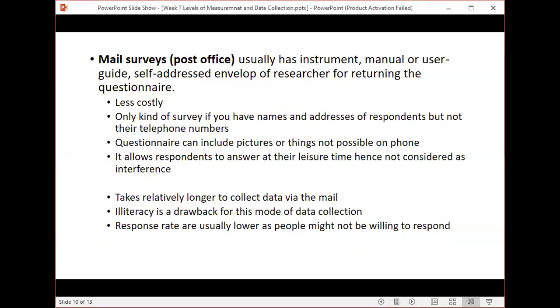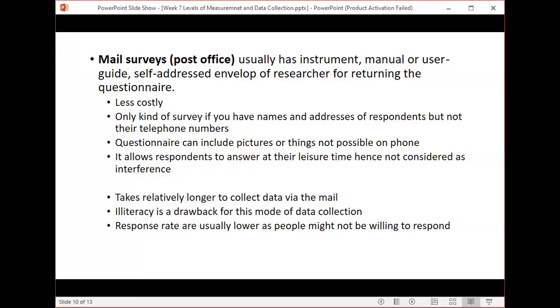Then we have the mail survey, right? So post office. This one usually has the instrument, the manual, user guide, self-addressed envelopes, and then you send it or post it through the mail, right? And so once the people at the receiving end receive the mail, they open it up and fill the questionnaire and then put it back into your self-addressed envelope and post it back to you.